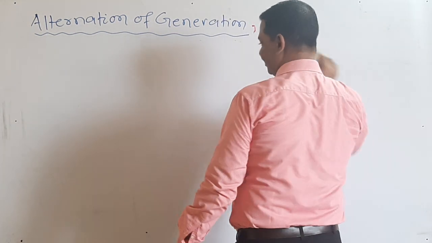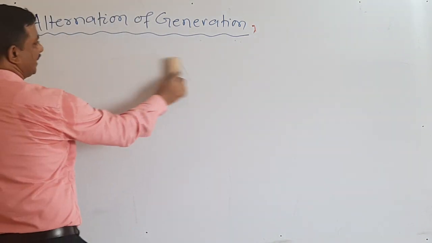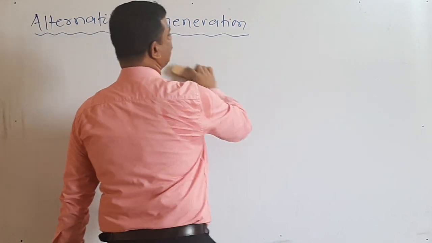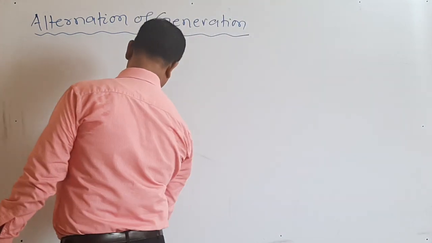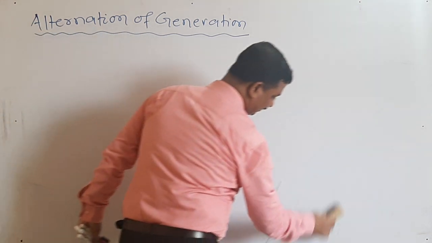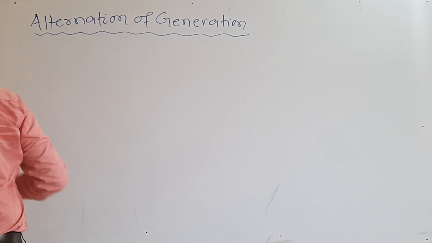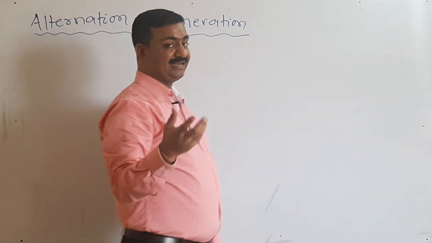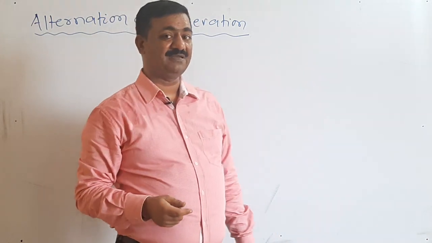You remember a question came in AIIMS as well as NEET that asexual spores are analogous to seeds, because these spores will form a new plant body without fusion. Clear? So this is supposed to be analogous to seeds with respect to angiospermic plants.